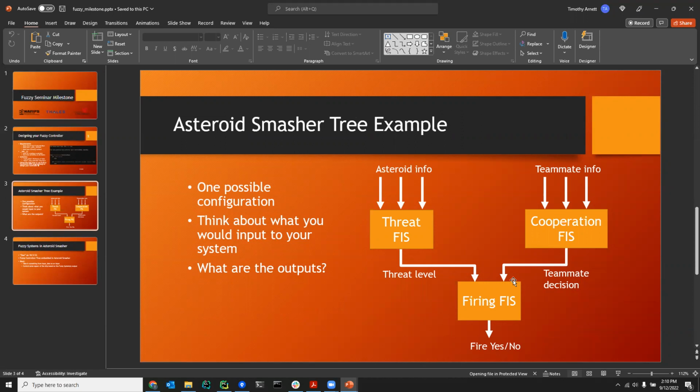Maybe you're using the map size, the simulation time, the asteroids, the bullets, other vehicles, whatever you want. You'll calculate some metrics or otherwise get input data, create your FISs, and get them to evaluate and output control actions to your ships.